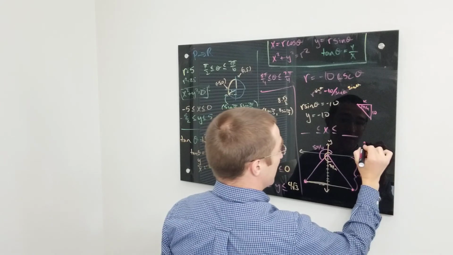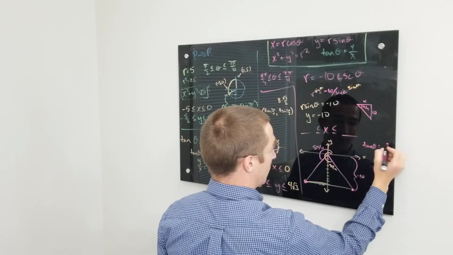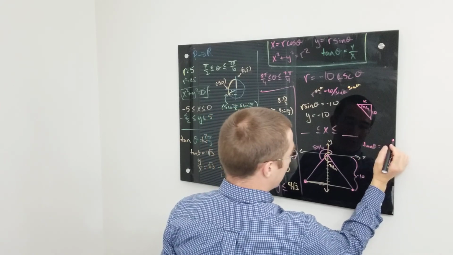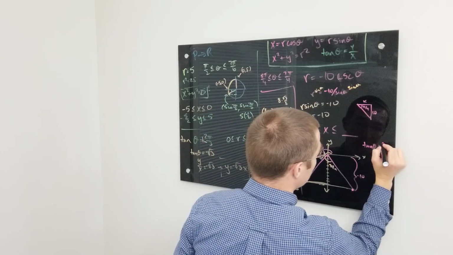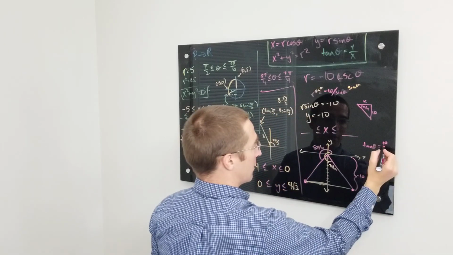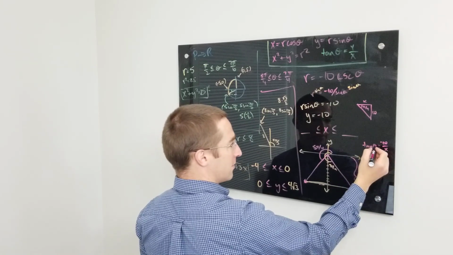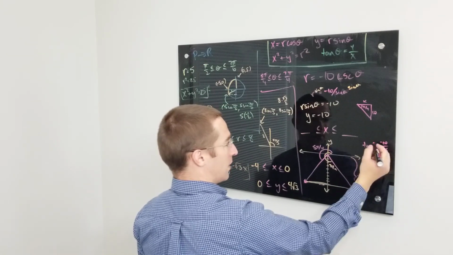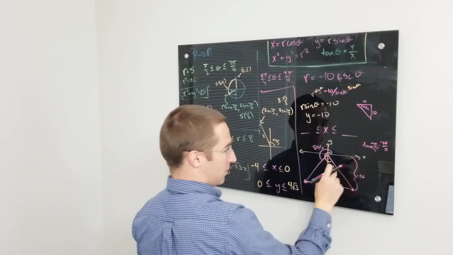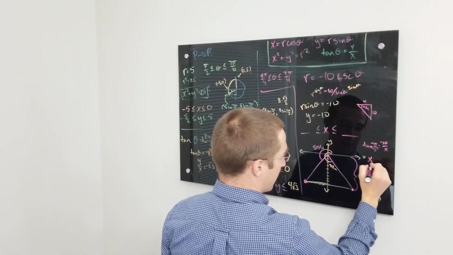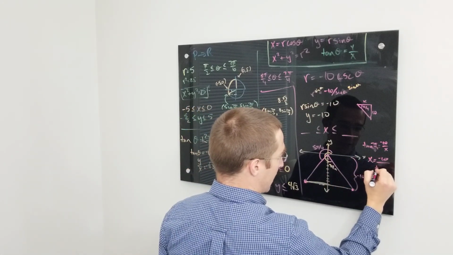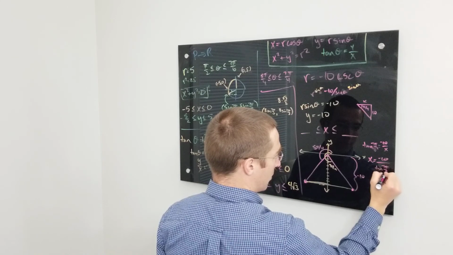So we're just going to solve this. Tangent theta equals negative 10 over x, and theta is 7 pi over 4, using this one. So x equals negative 10 over tangent 7 pi over 4.